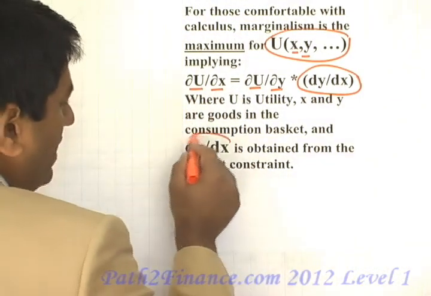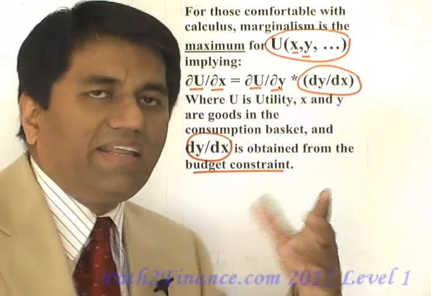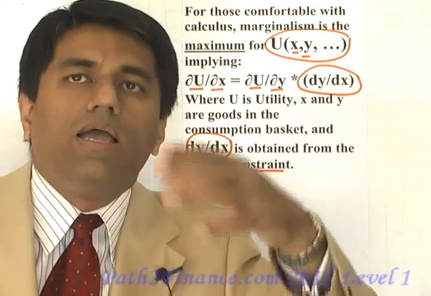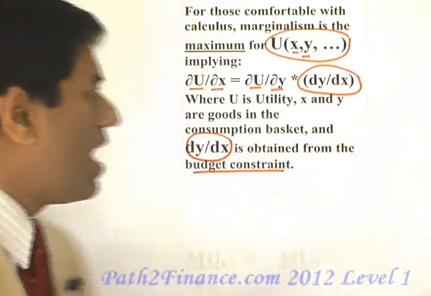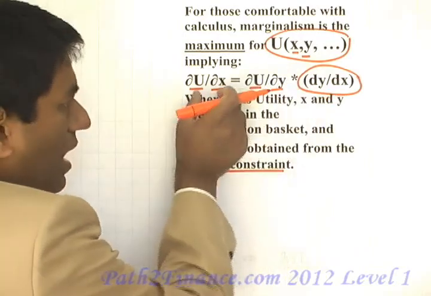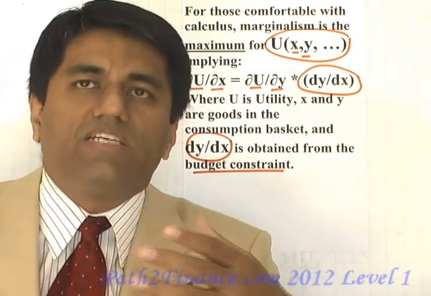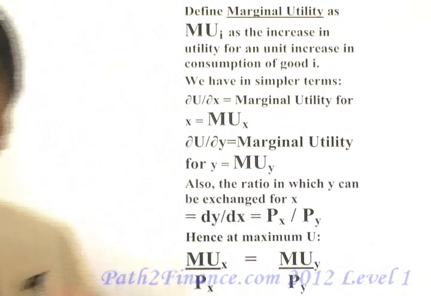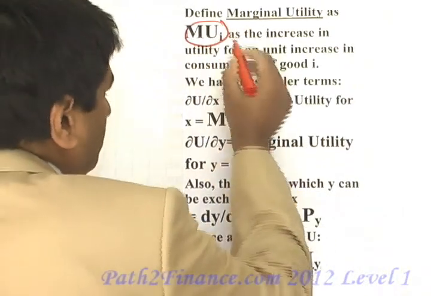Now, dy by dx is obtained from the budget constraint. So dy by dx is essentially the ratio at which we can substitute, let's say, peaches for apples. And these two are the partial derivatives of utility with respect to peaches and apples. So we define marginal utility as MUI.